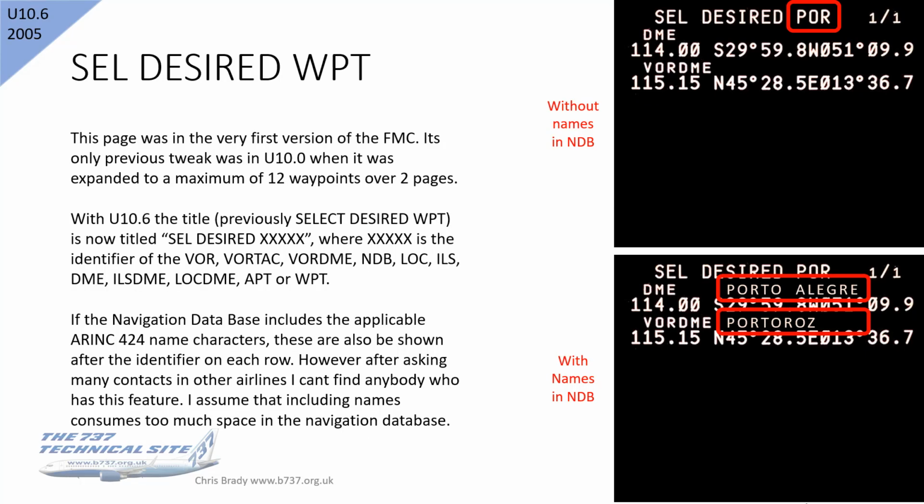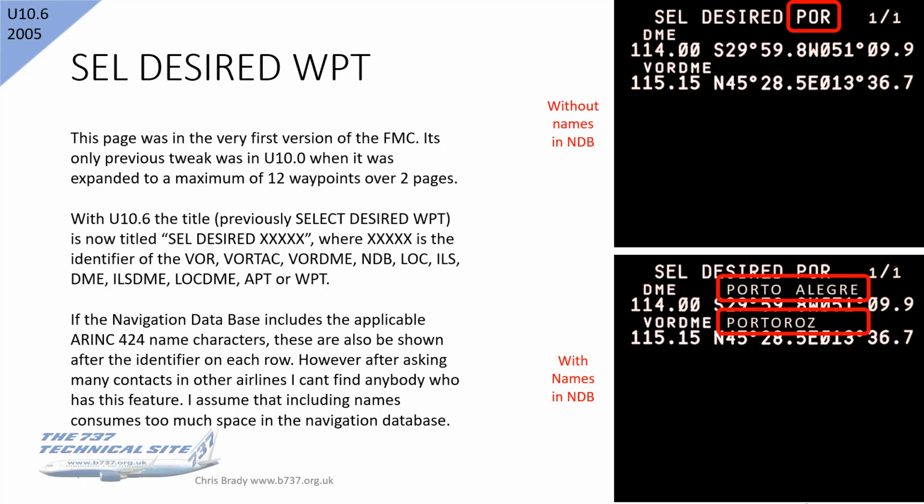Another tweak that was made: the select desired waypoint page. Now this goes back to the very first version of the FMC, and the only previous tweak to it was in 10.0, when it was expanded to take a maximum of 12 waypoints over 2 pages. What this does is it changes the title.